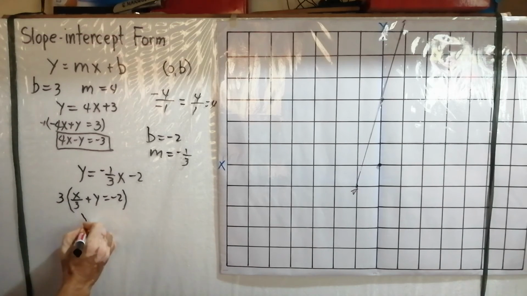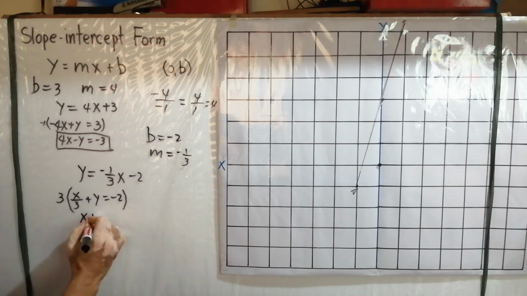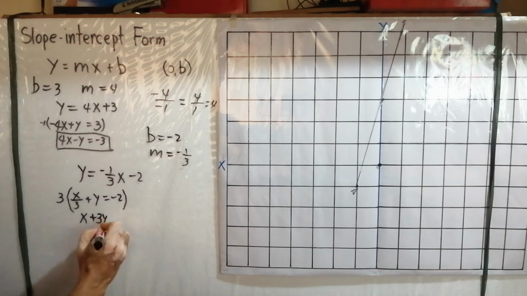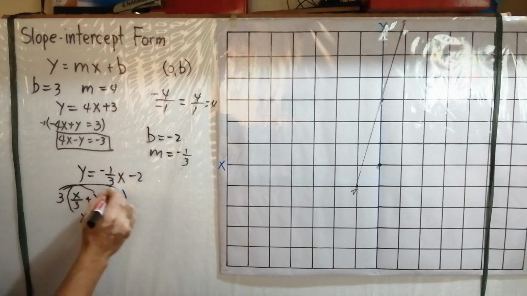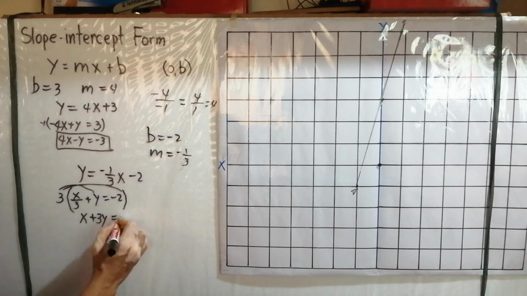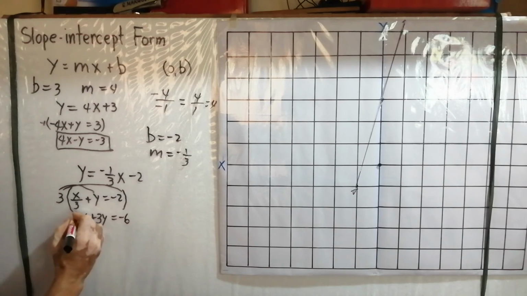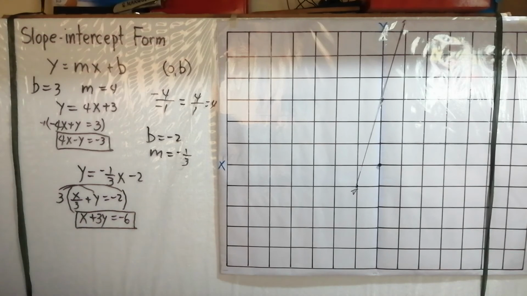So it is simply x plus 3y, because you multiply also, equals negative 6. So this is the equation of the line. So x plus 3y is equal to negative 6.